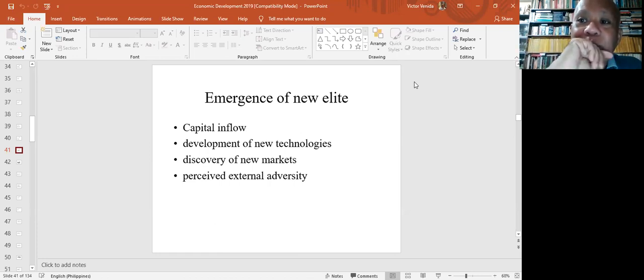Okay. So this capital inflow, therefore, allowed for the rapid expansion of businesses throughout the United Kingdom. And with the end of the Napoleonic Wars, British banks then could provide low interest loans to businesses throughout Europe.